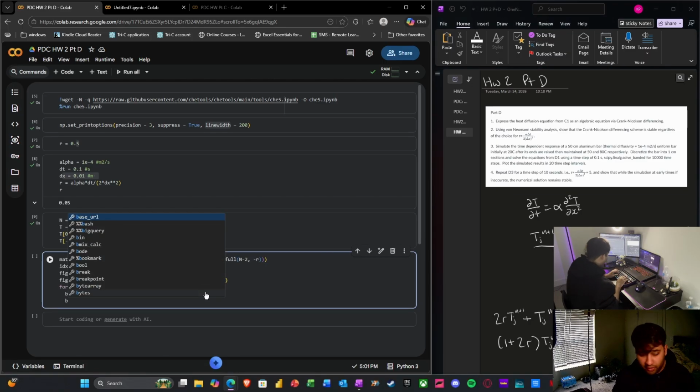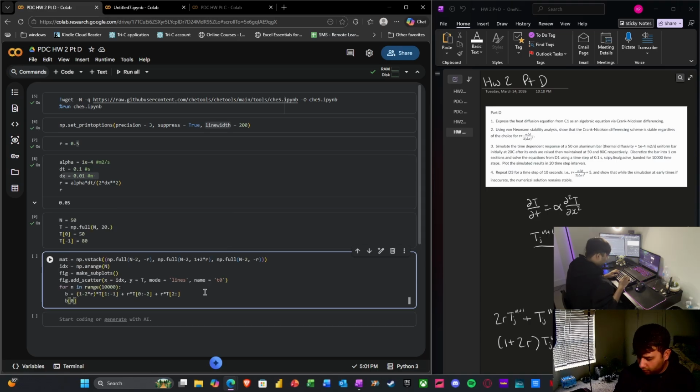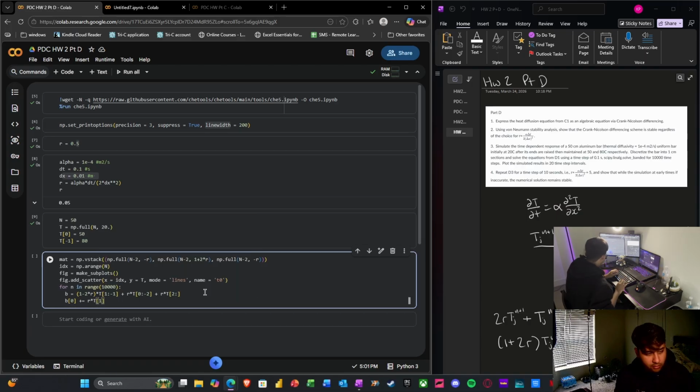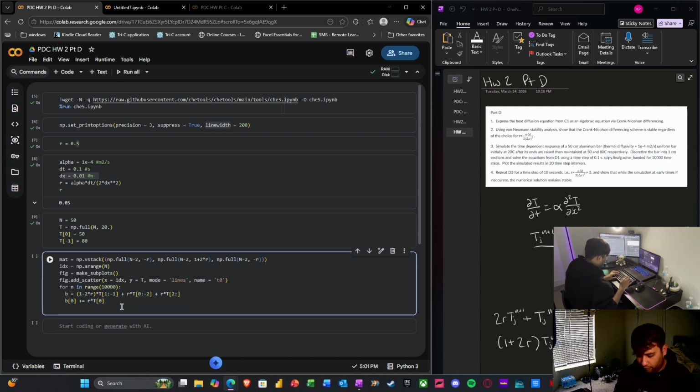And then we're going to set our initial b, which is 0, and we're going to use plus equals r times T1, or sorry, this would be 0, and then we're going to repeat this, but for negative 1. Just change both those to negative 1.